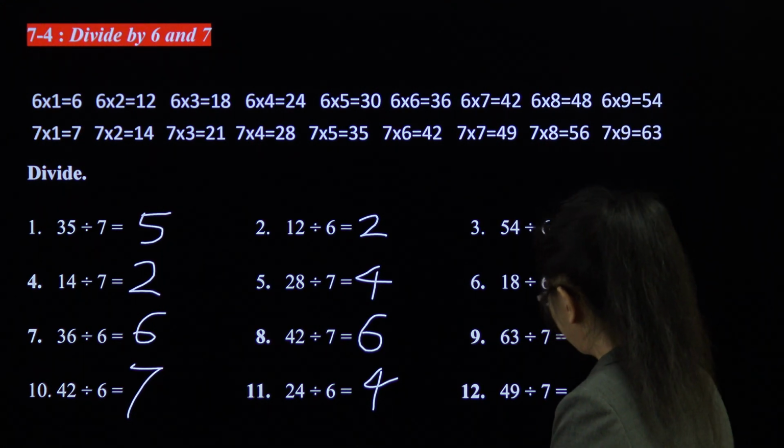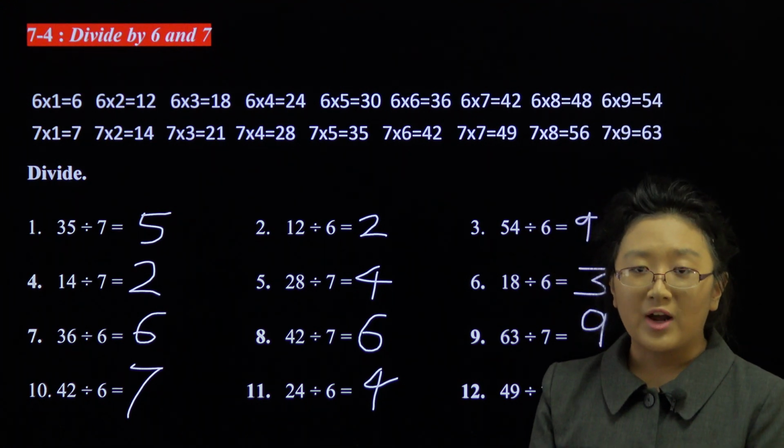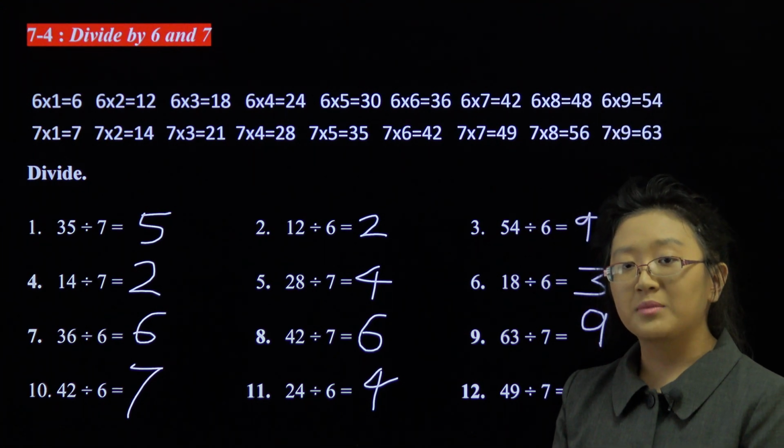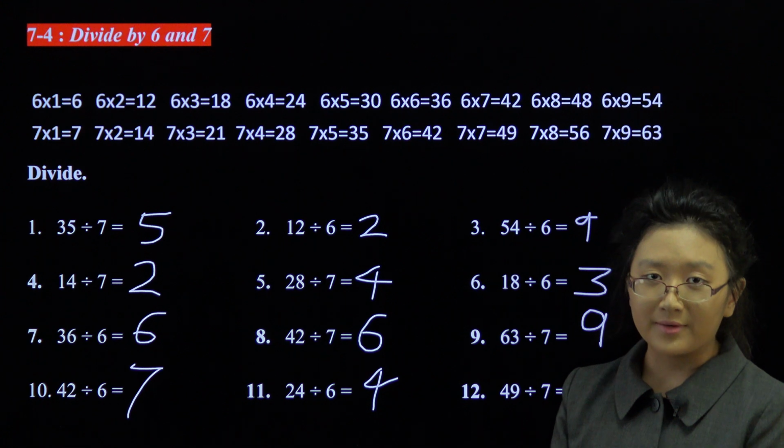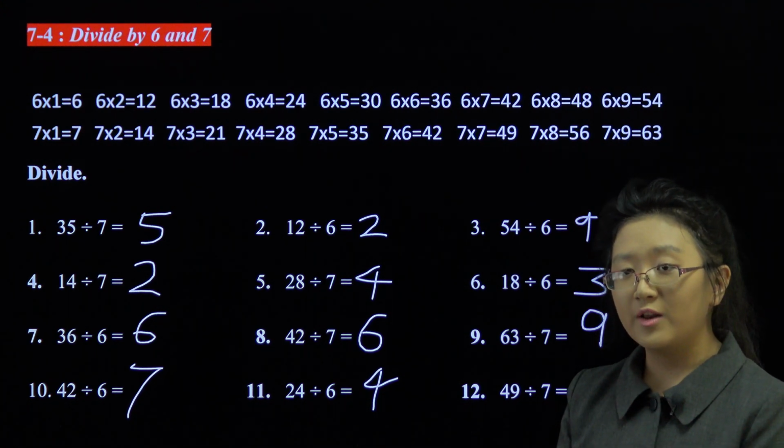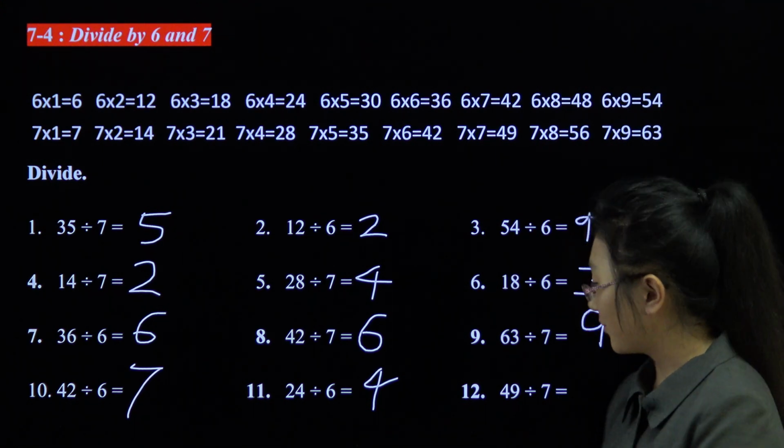It's one of these numbers. 7 times 7 equals 49. 49 divided by 7 equals 7.